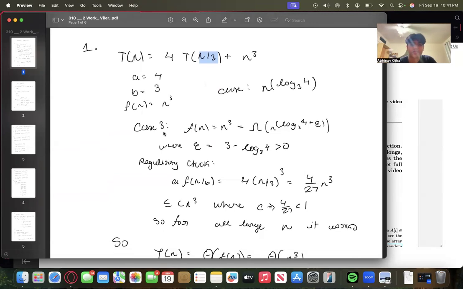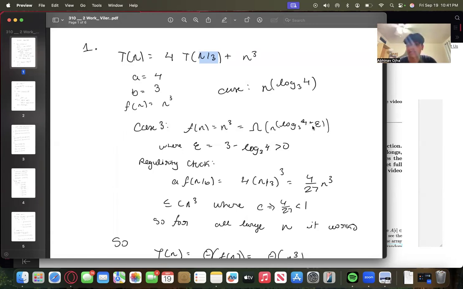In case 3, we can clearly tell that f of n is equal to n cubed, which is the same thing as saying we need to find omega of n to the power of log base 3 of 4 plus e.